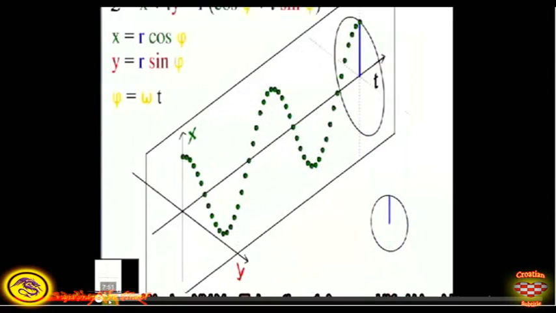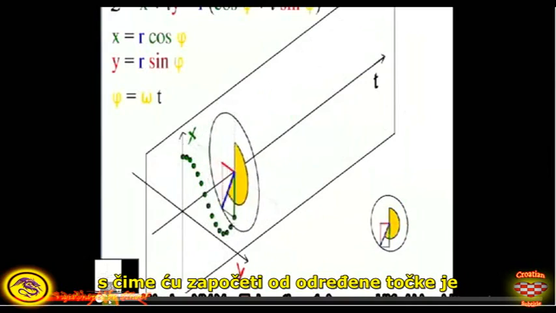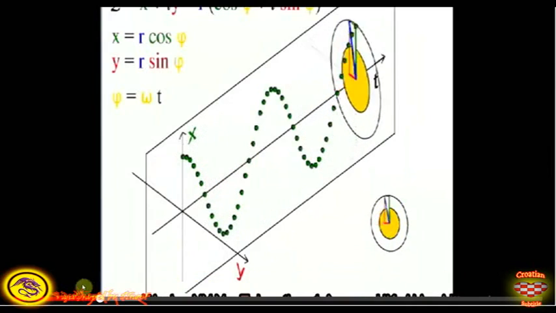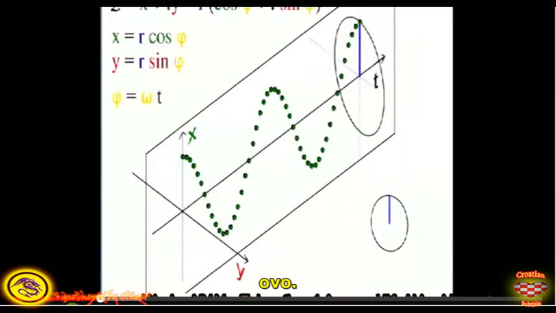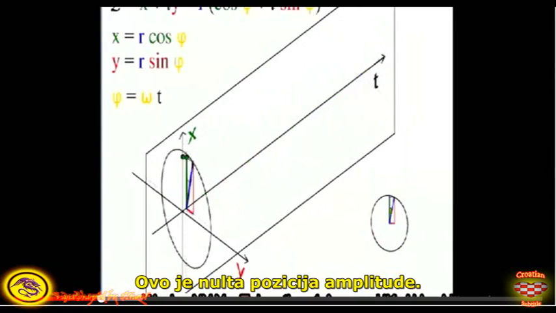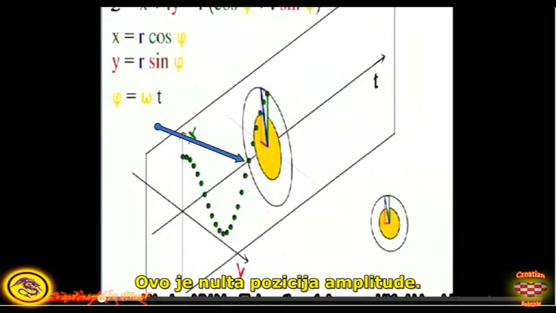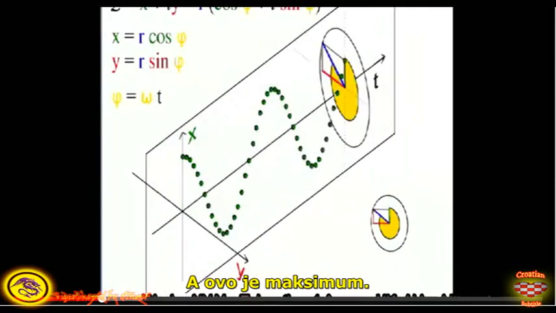Now, what we're gonna be dealing with at a certain point is that. This is the zero of the amplitude, and this is the maximum.